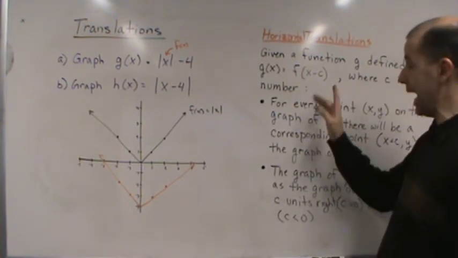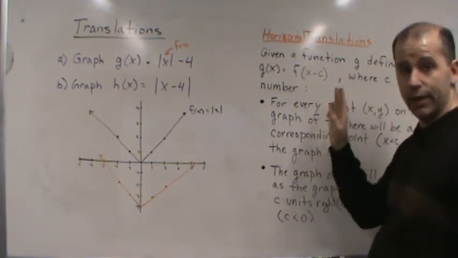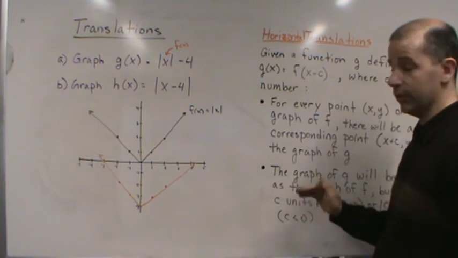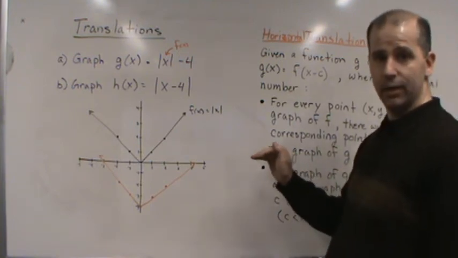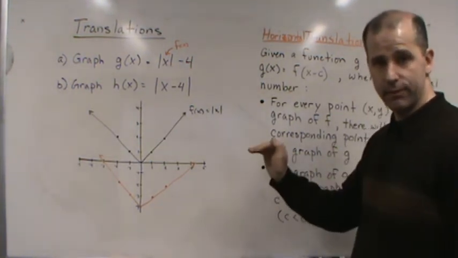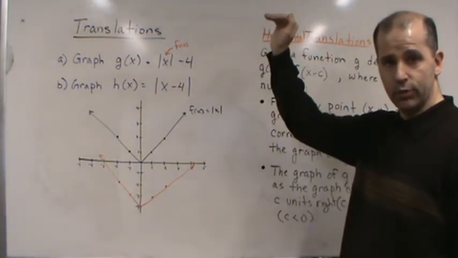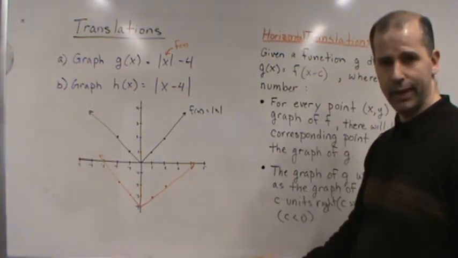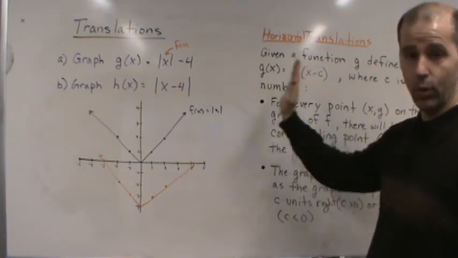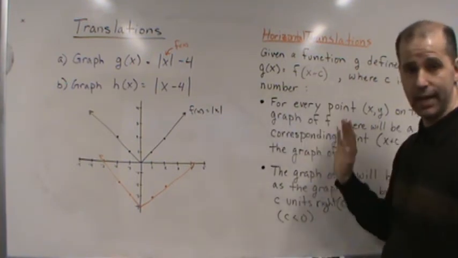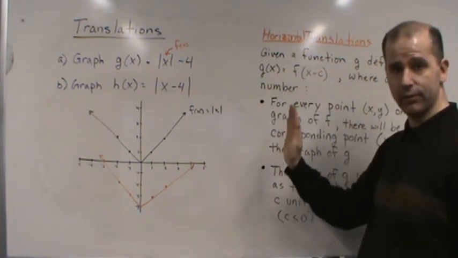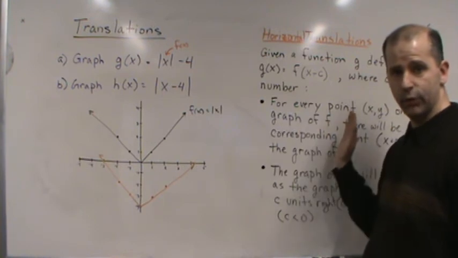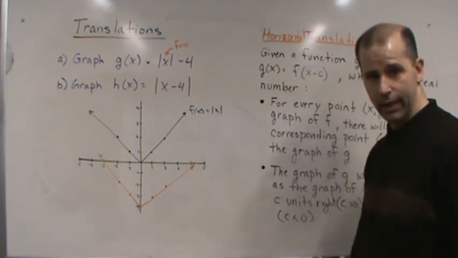So it's opposite what we were thinking about with vertical. In the vertical direction, if you add a positive number, you're going up. If you subtract a positive number, you're going down. But in horizontal, if you're inside the function, it's opposite. If you subtract a positive number, you're moving to the right. If you add a positive number, you're moving to the left.